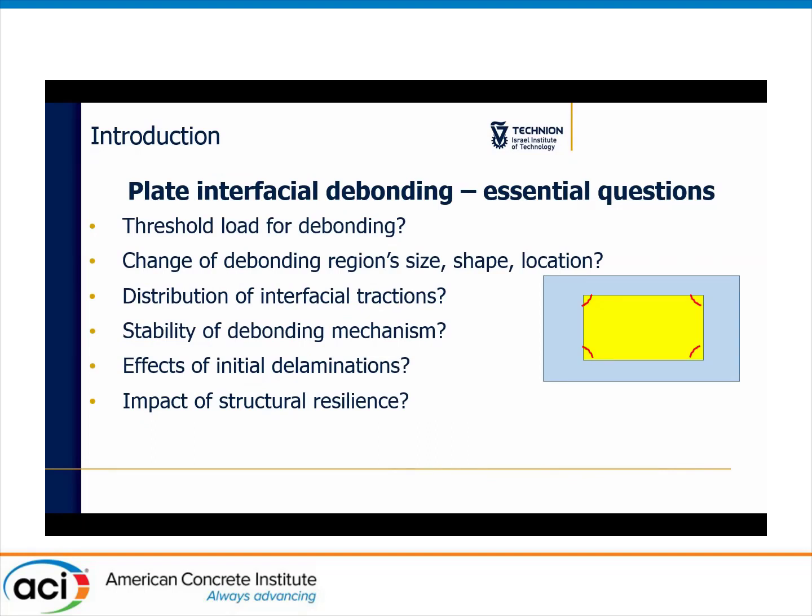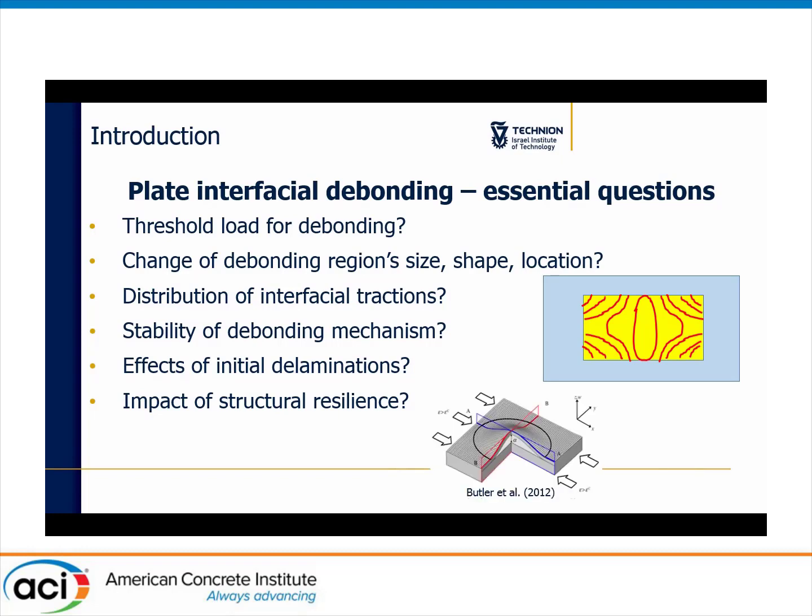The essential questions regarding interfacial debonding in plates are: what is the threshold load under which the debonding mechanism will initiate? How does the debonded region change in size, shape, and location as the mechanism develops? How are the interfacial tractions distributed along these contour lines? Is the process stable or not?